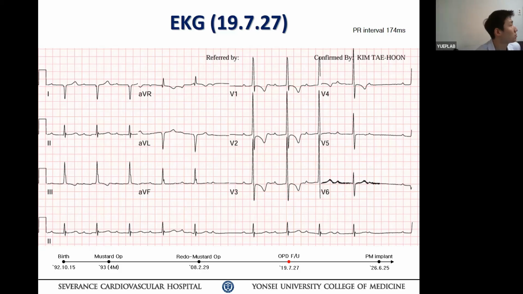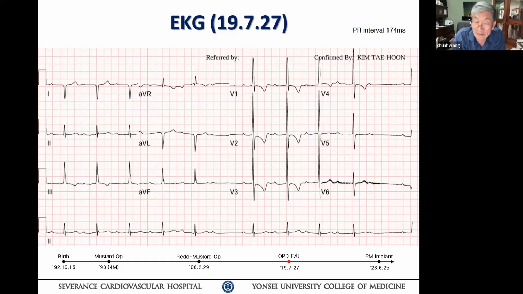Do you have the caliper? Yeah, please measure the first one. This RR interval is longer than this one, longer than the second RR interval. Oh, then the fellow was right. It's Wenckebach AV block.